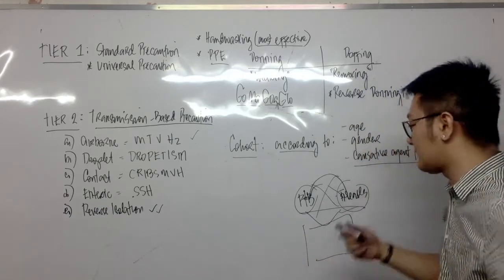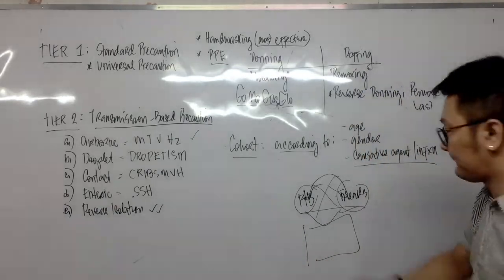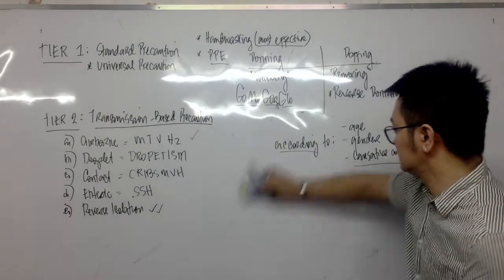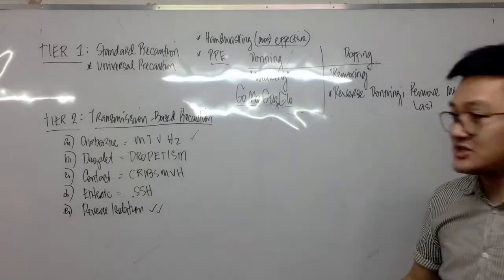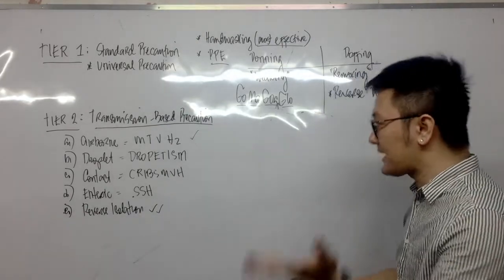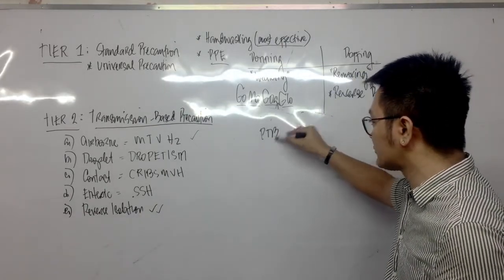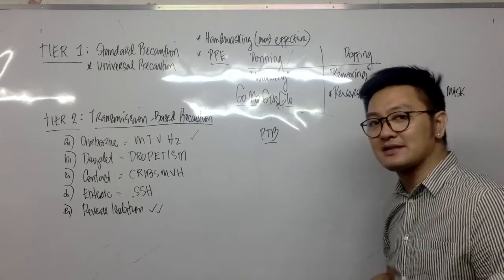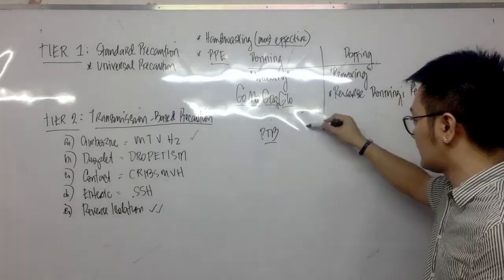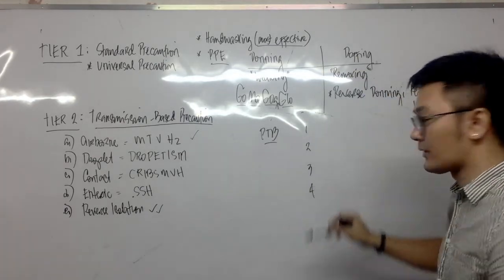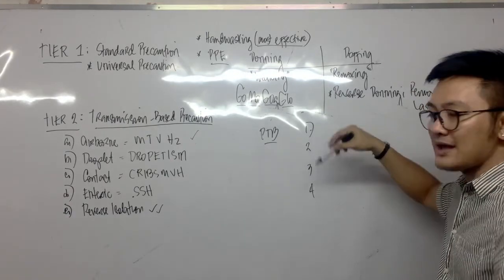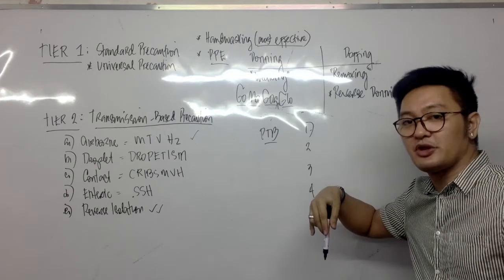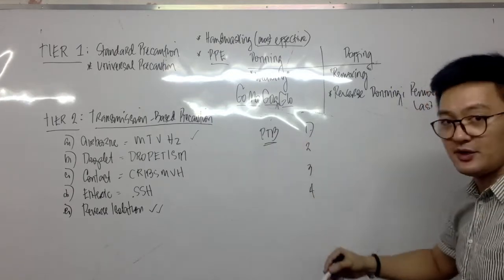Can you follow? Now next, another highlight for your exam. Question. A patient is having pulmonary tuberculosis. What do you think is the ideal precaution for your patient? First, what type of isolation precaution will you observe for a patient with tuberculosis?